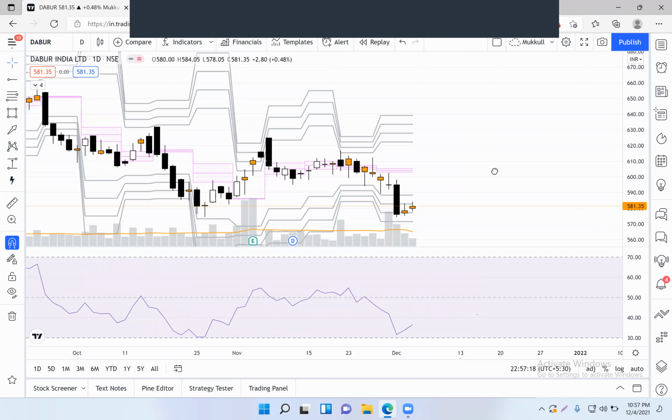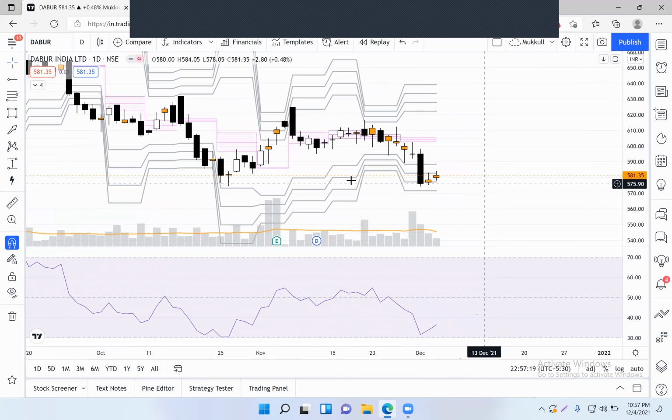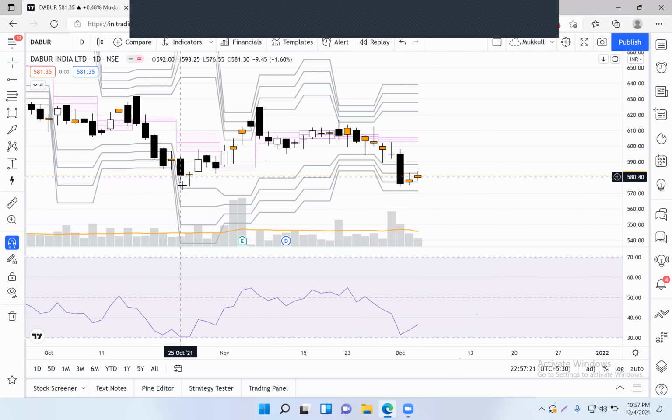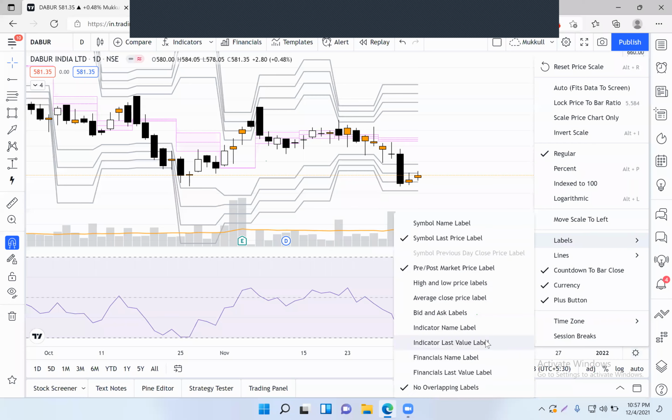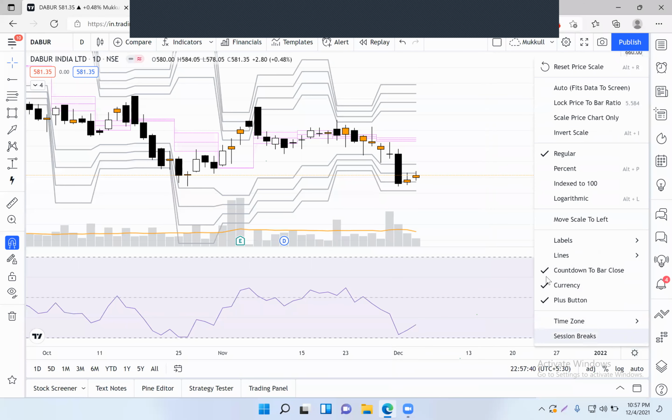The tower is on weekly, so almost like a support, almost like a double bottom thing. And the stock tried to breach this, so technically your entry was triggered here. 570. Let me turn on the labels. Last value.